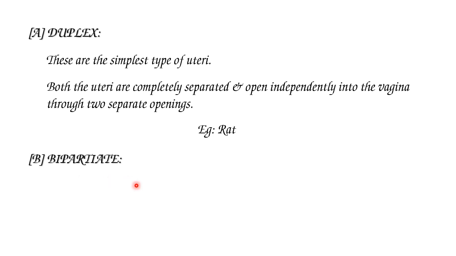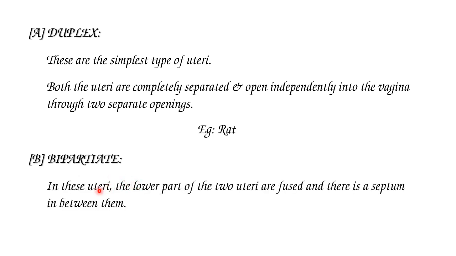Bifurcate. In these uteri, the lower parts of the two uteri are fused and there is a septum in between them. The example for this type of uterus is carnivorous mammals.